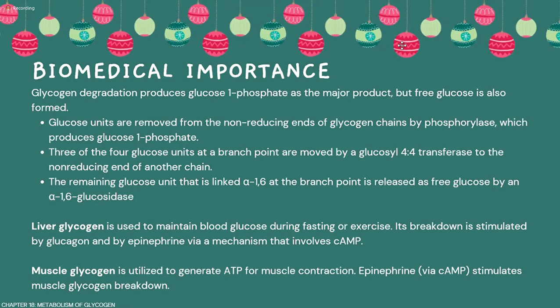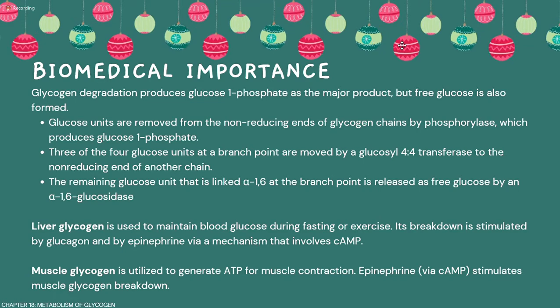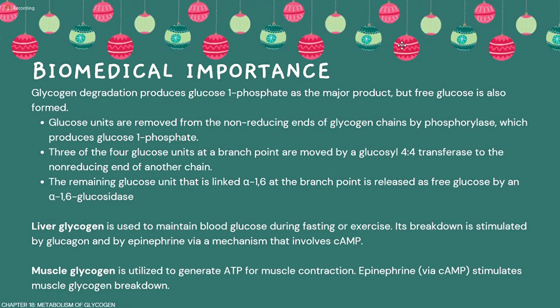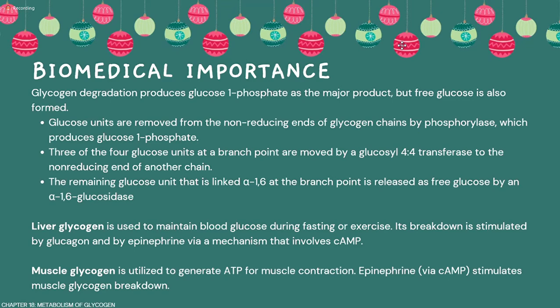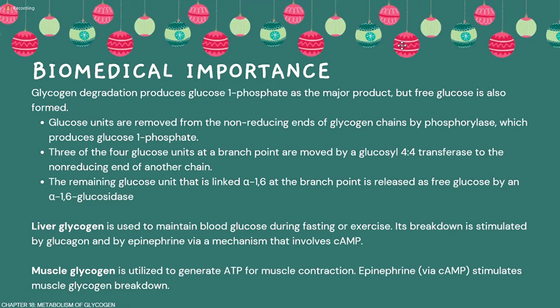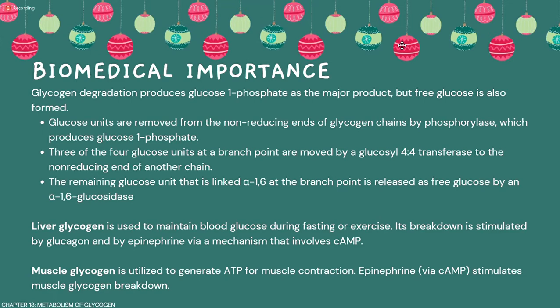Liver glycogen is used to maintain blood glucose during fasting or exercise. Its breakdown is stimulated by glucagon or by epinephrine. Now you must already have an idea of what epinephrine is, no? Or adrenaline.